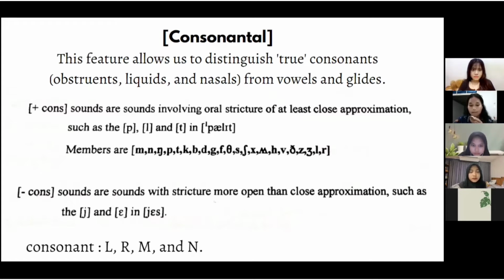Members are m, n, ng, p, t, b, d, g, f, s, sh, z, h.